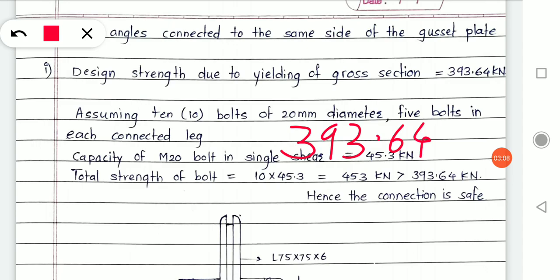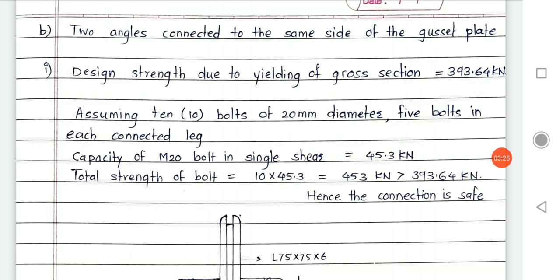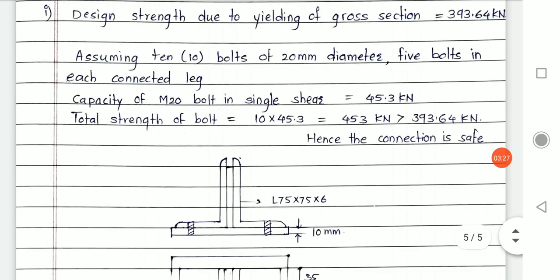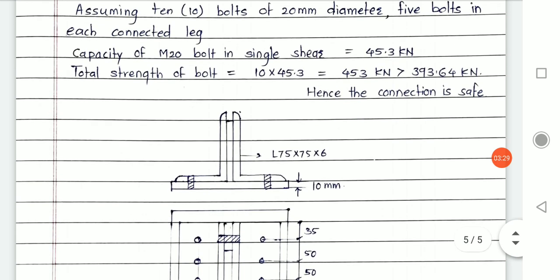It's the same value I am placing here, and I am saying even if you connect the angles on the same side of your gusset plate, you will get the same strength in yielding of cross section. Now the question is how?